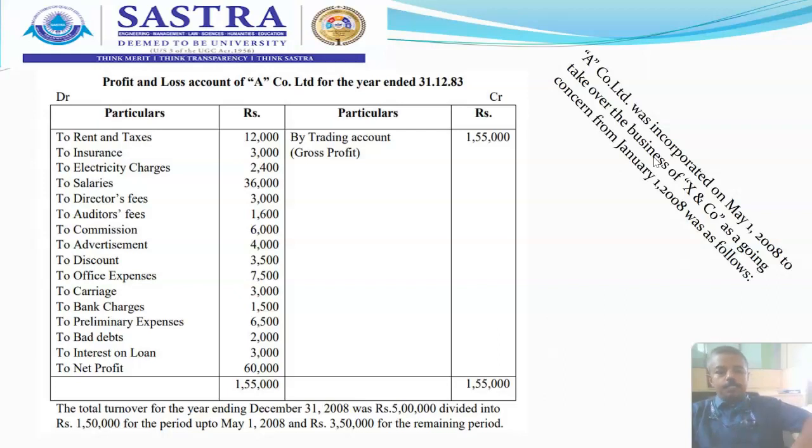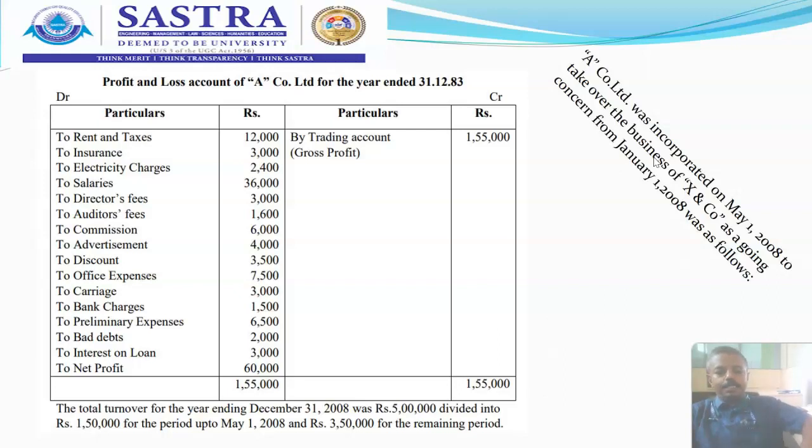So with this brief note, I request you to identify each income and expense and apportion them based on the ratios allocated. Now let me quickly tell you the basis for apportionment. Gross profit is apportioned on sales ratio, as we have discussed earlier.